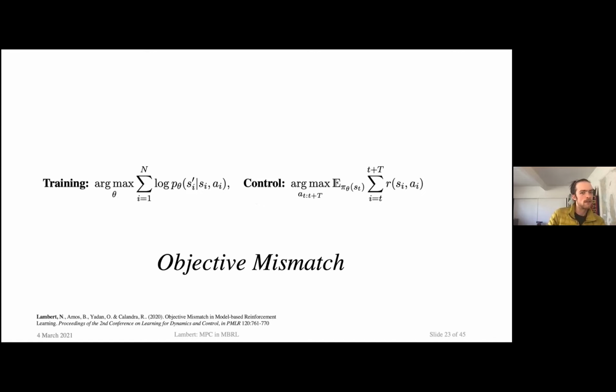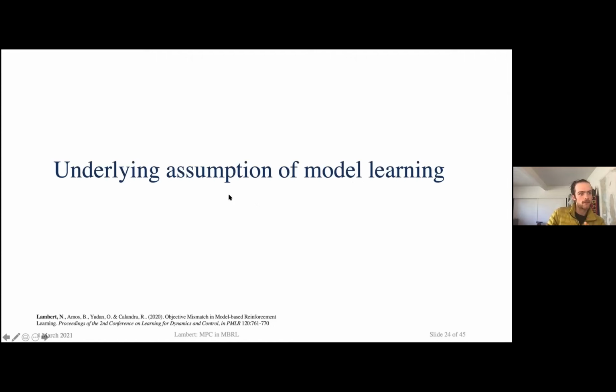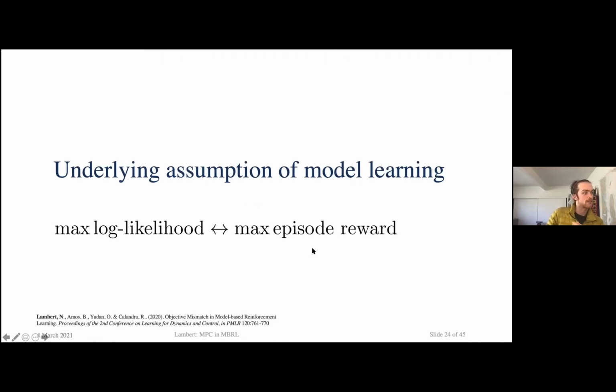What we want to see is whether or not this assumption of model learning, that maximizing accuracy maximizes performance, is true. In the next set of slides, I'm going to visualize what the assumptions are and then what the data is, to look at this correlation and see whether or not it's true in model-based RL.